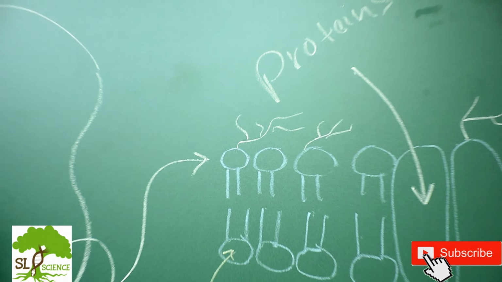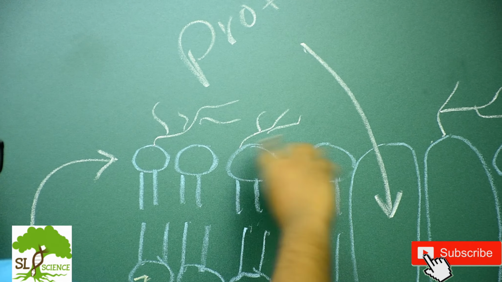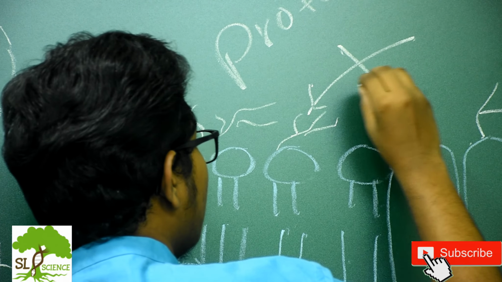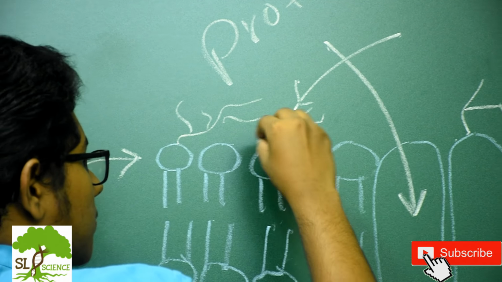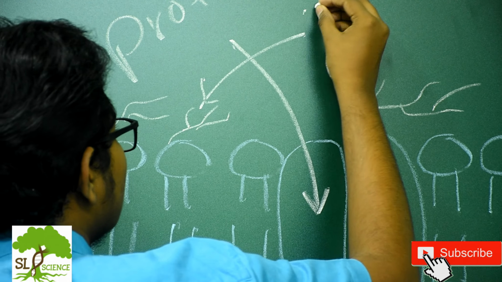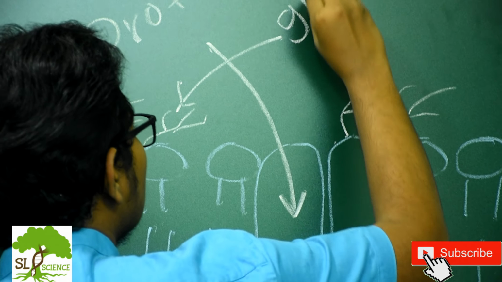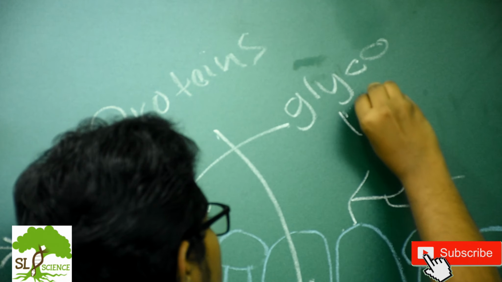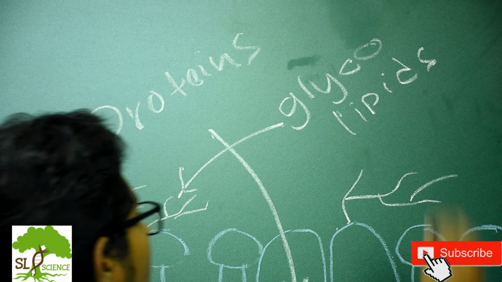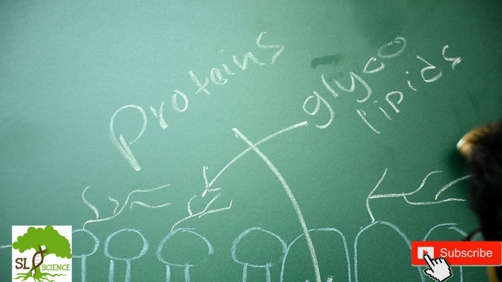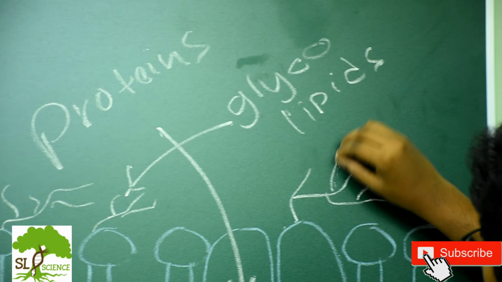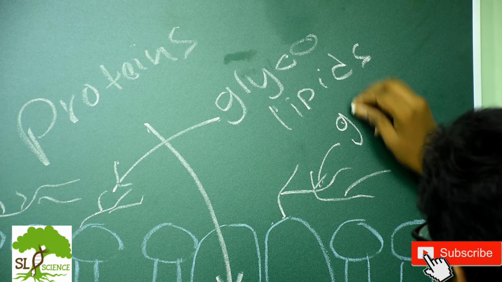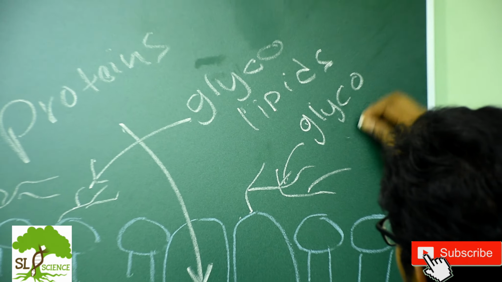The chains connected to the phospholipids are called glycolipids, and the carbohydrate structures connected to the proteins are called glycoproteins.